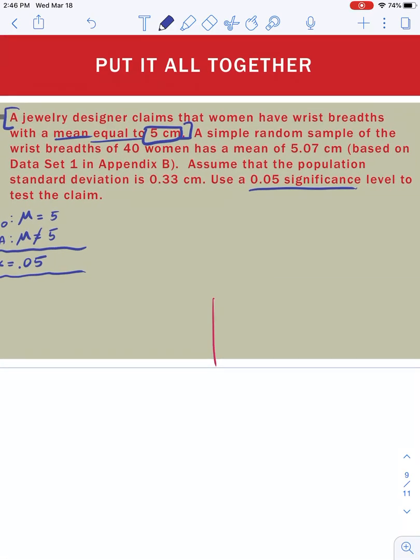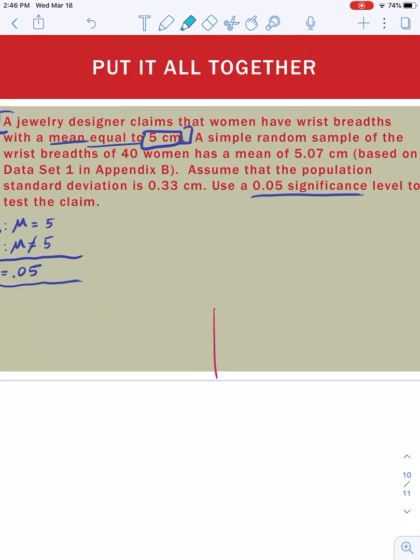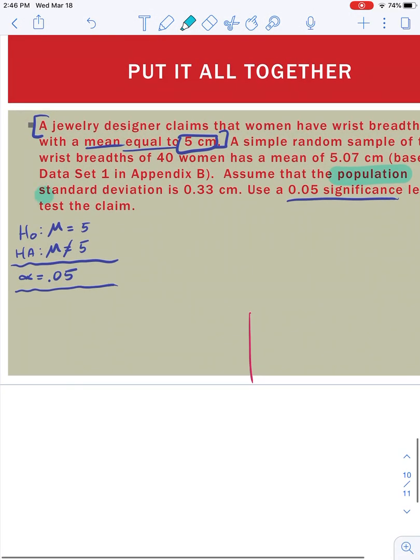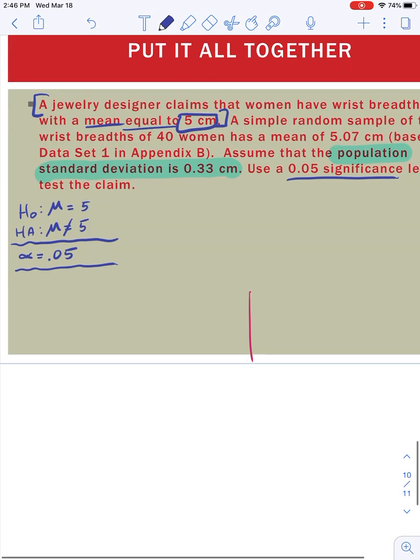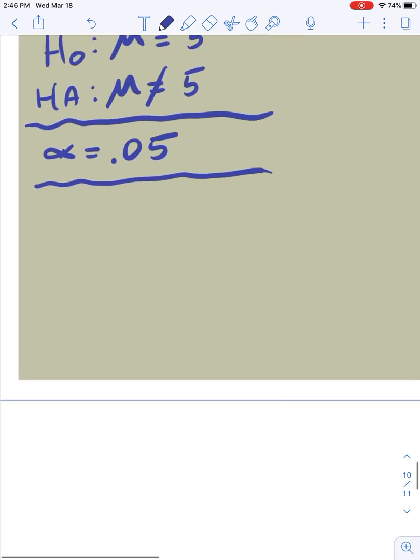The reason is that they tell me the population standard deviation, that means sigma, is 0.33. That means I know sigma. If I know sigma, I'm going to use this test statistic that we learned today: x bar minus mu divided by sigma divided by root n.